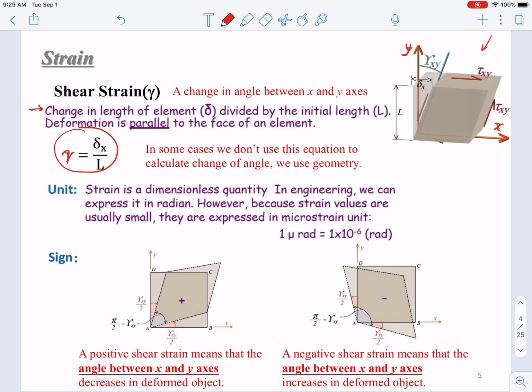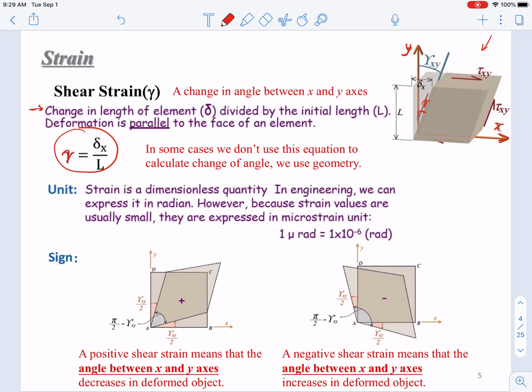They are perpendicular to each other, so the angle between them is 90 degrees. But after deformation, after it is loaded by tau xy, the shear stress, it would deform, and you can see that an angle appears here. This is gamma. This measures the change in angle between x and y.